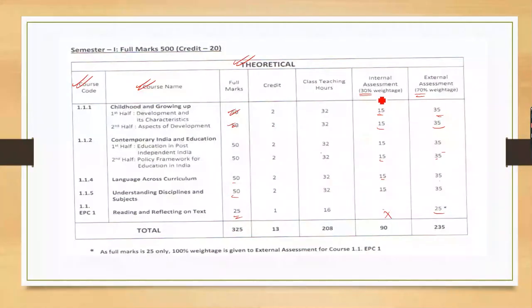Okay, so this division or segregation as internal and external as 30% and 70% applies for the first 4 courses, okay, including the divisions, not for the last one. For the last one, you won't be having any internal assessment for theory examination. So that way, as we had already seen previously, your total is coming up to be 325 for theory examination.